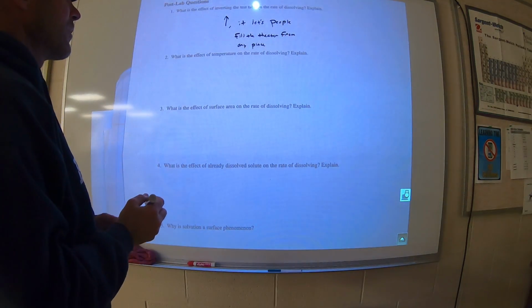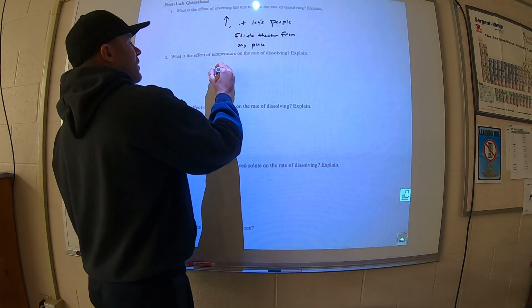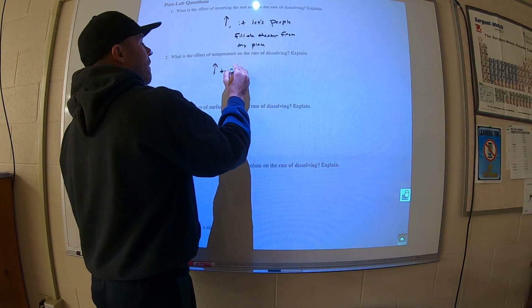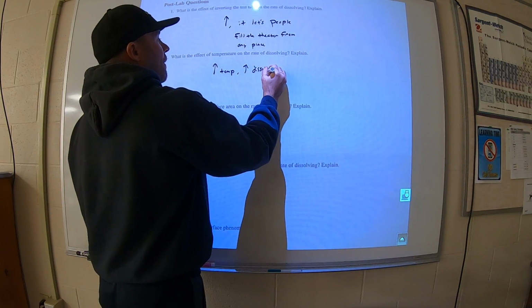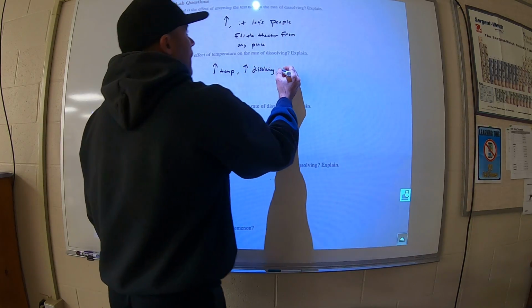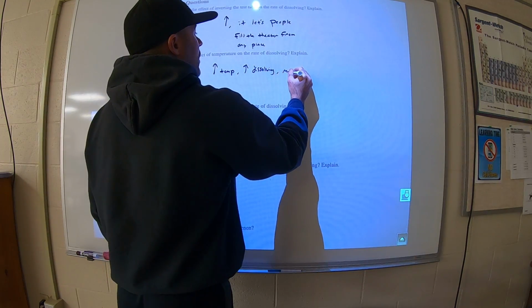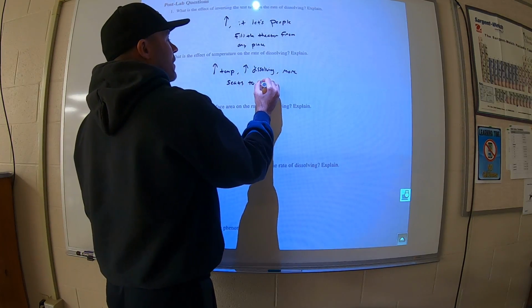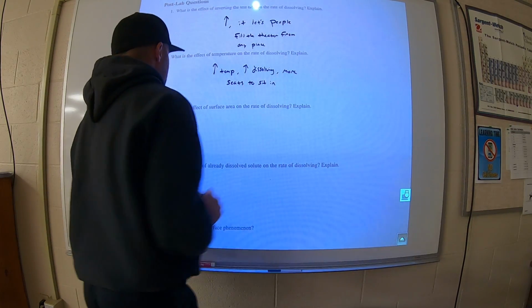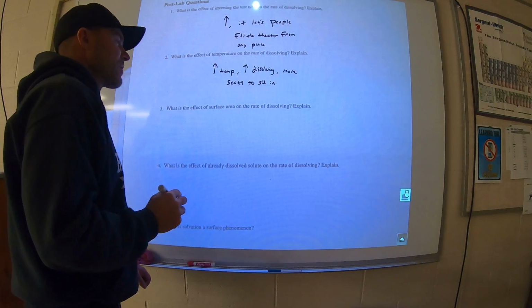Number 2, what's the effect of temperature on the rate of dissolving? The higher the temp, the higher the dissolving. More seats to sit in. Number 3, what's the effect of surface area on the rate of dissolving?